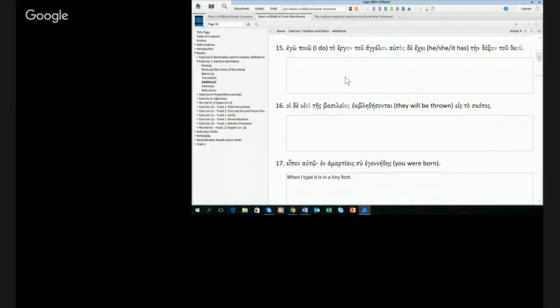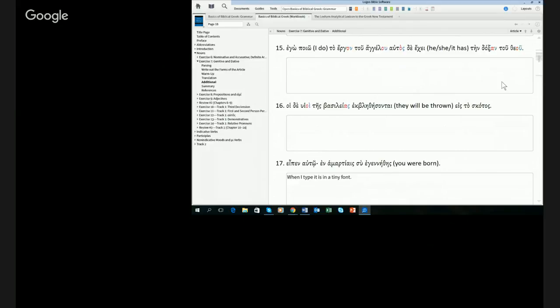Autos de. Now remember, de is always second. In your mind, move it one word forward to get the English sense. De, but autos, he has. Ten doxan, direct object, accusative case ending, he has the glory, tou theou, modifying doxan, whose glory? The glory of God.